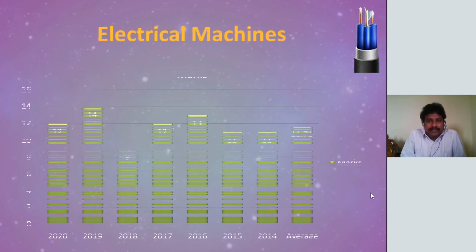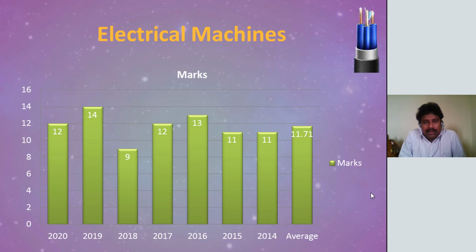Coming to engineering machines. Electrical machines is one of the cores of electrical engineering, so the maximum weightage would be given to electrical machines and power systems. As far as machines are concerned, most questions come from electrical machines, and the weightage goes to 14 in 2019, and in 2018 the weightage is 9.